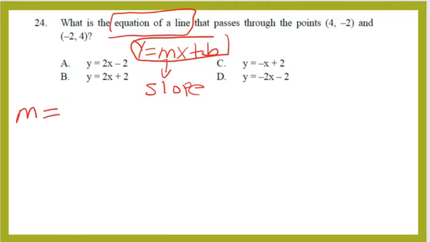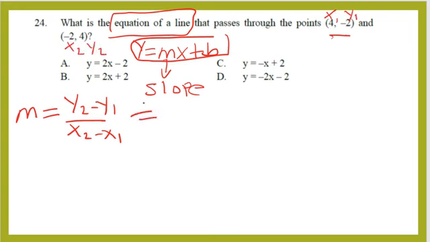The formula for slope is y2 minus y1 over x2 minus x1. What are y2, y1, x2, x1? The 2 points already given to us. The first point here, we can name it as x1, y1, and the second point here, we can name it as x2, y2.